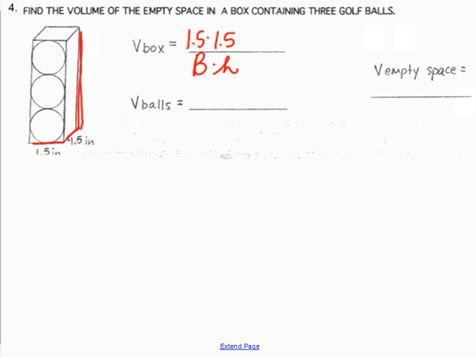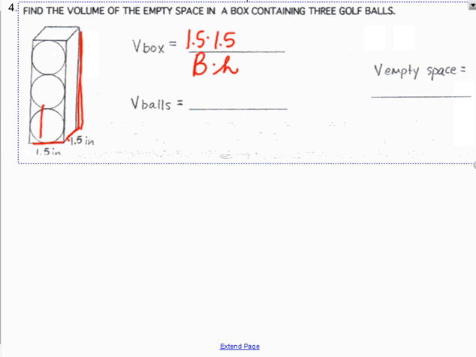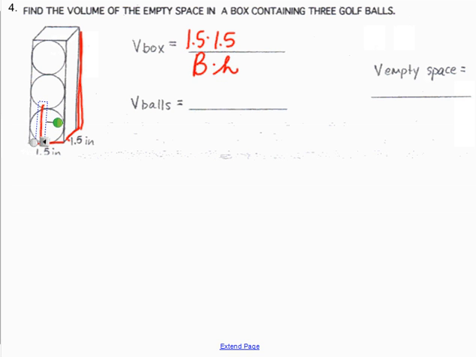And the height is, oh, don't have it. But yes, we do. If this right here is the diameter of the ball, and I take it and I rotate it and I put it right over here, I see that that's 1.5 also.